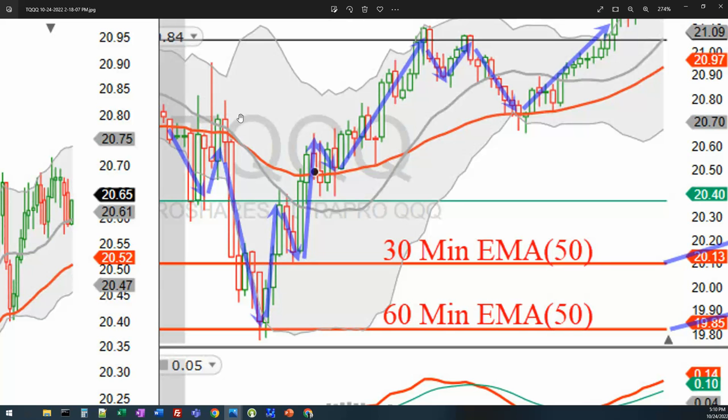That is critical to understand. The body of the candle. I'm not including the wicks. I'm only talking about the body. The body of the candle must close above the EMA line in order for it to be considered bullish.